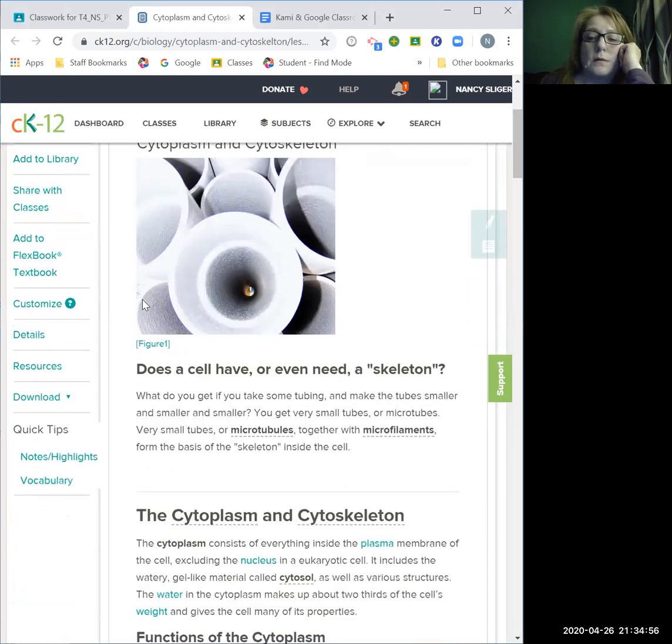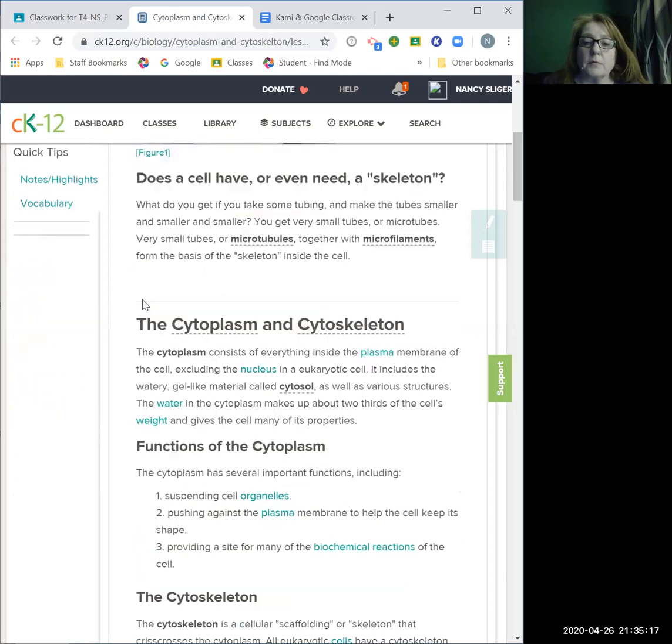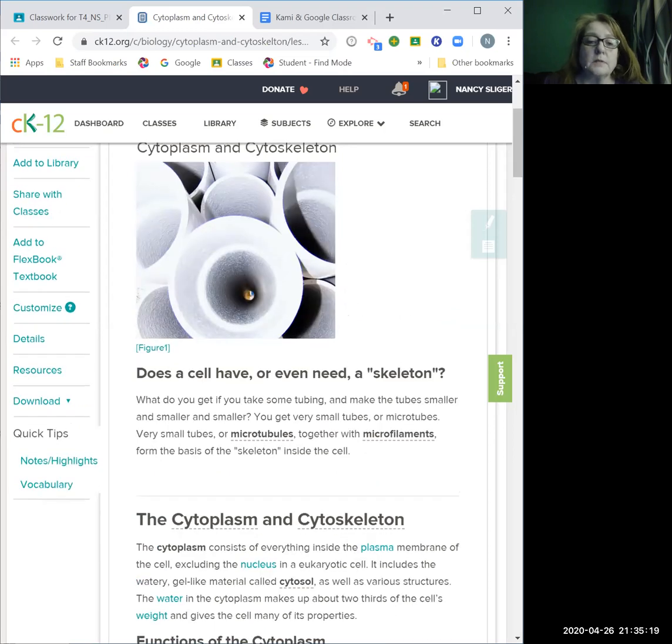So it starts talking about, does a cell have or need a skeleton? Well, they do have some microtubules and microfilaments that help to give them structure. So it does have different types of microfibers that help to give it a framework for a cytoskeleton.